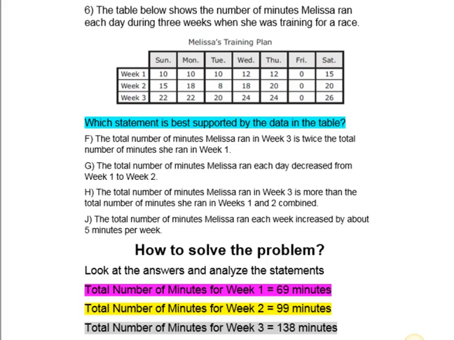And for J, the total number of minutes Melissa ran each week increased by about 5 minutes per week. So with the information that we have for the total number of minutes for each week and reviewing the answer choices, which answer do you say is correct? I'll give you a minute.